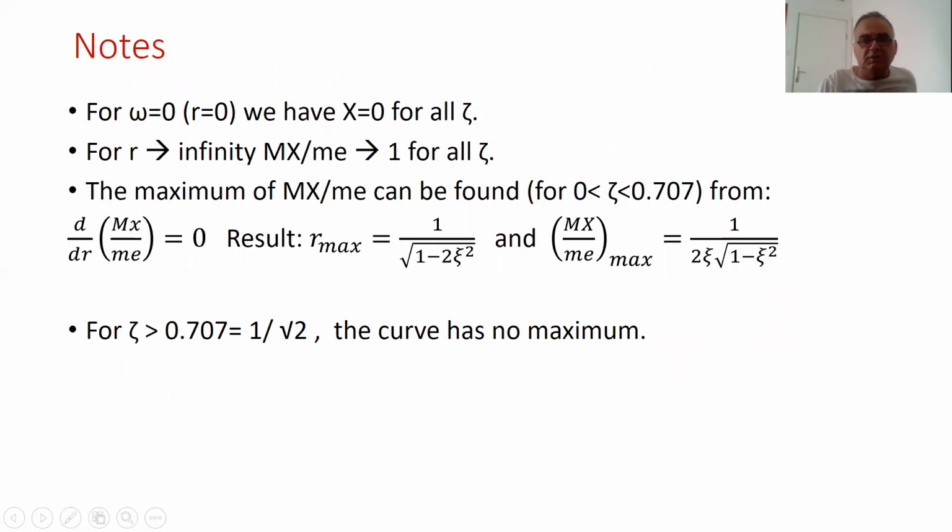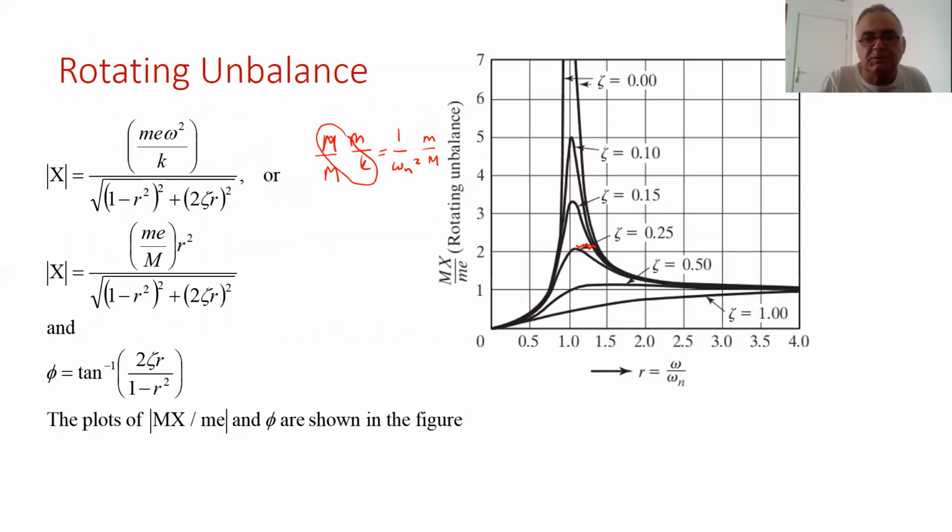So if we look at these pictures, we can make the following conclusions. As I have said, first of all, for omega equals 0, for the very low frequencies, such as here, this is omega equals 0, and this is omega is high, let's say.